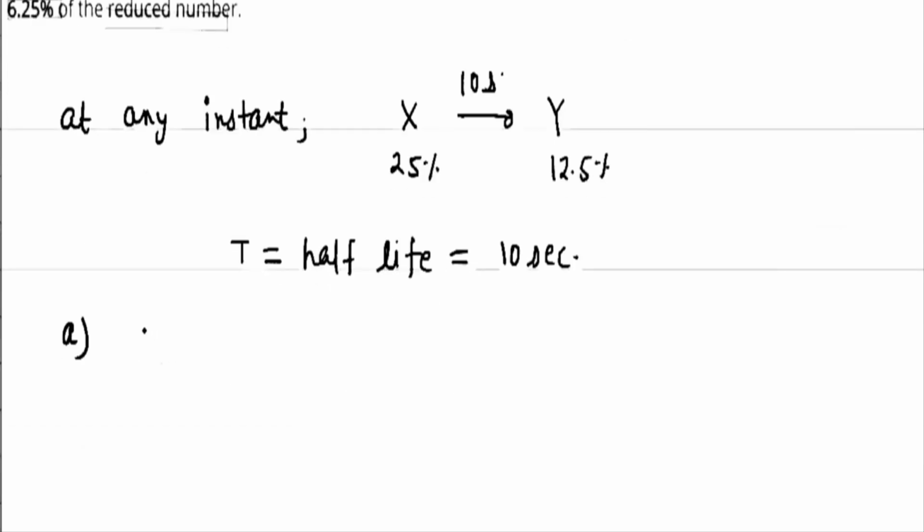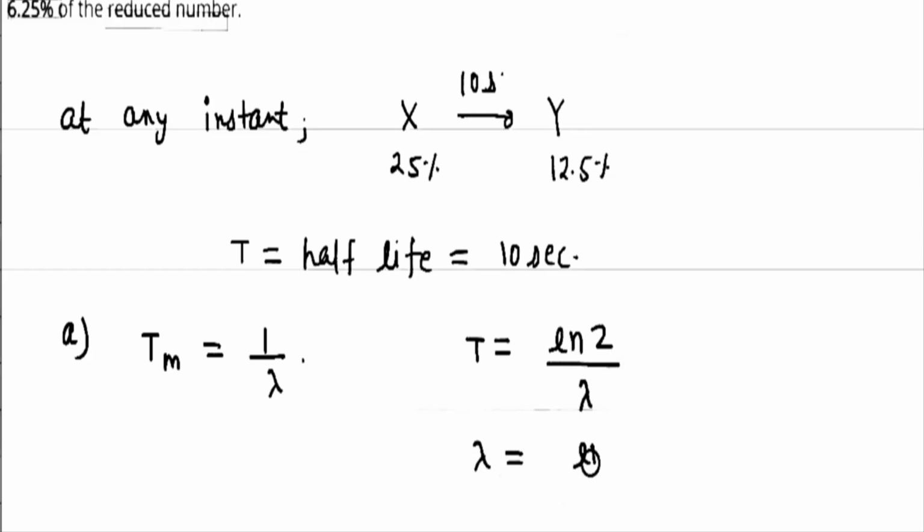As we know, mean life is equal to 1 upon lambda, and half life is equal to ln2 upon lambda. So from here lambda will be equal to ln2 upon T. Now put the value of lambda over here.